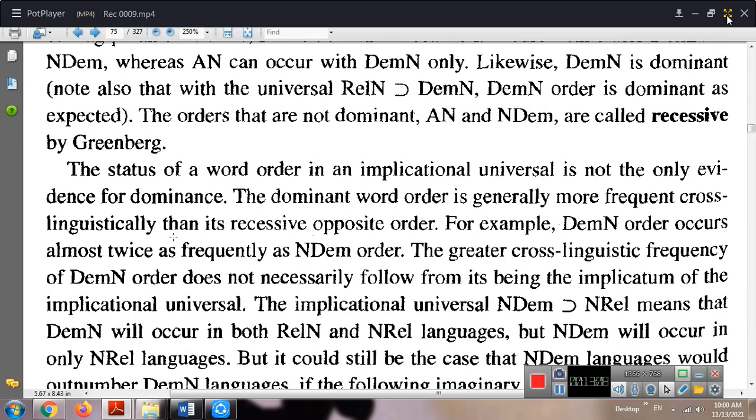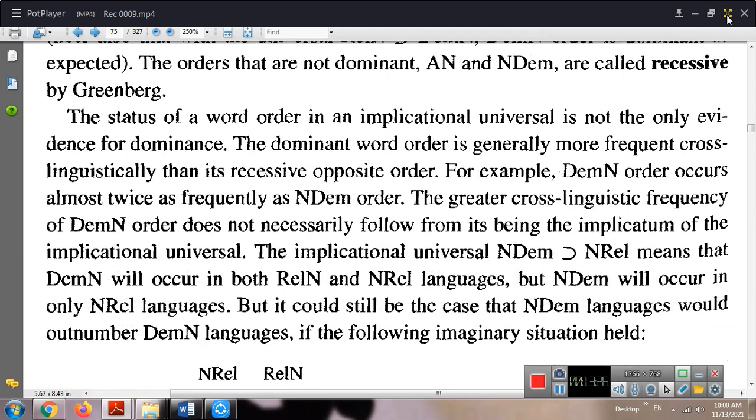The status of a word order in an implicational universal is not the only evidence for dominance. The dominant word order is generally more frequent cross-linguistically than its recessive opposite order. This is important.